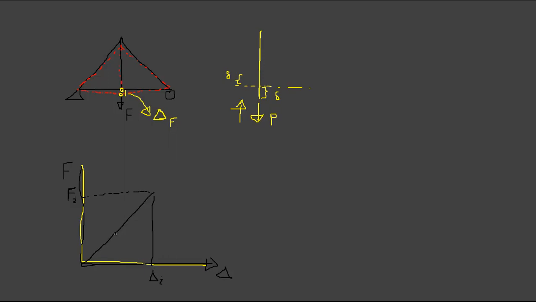So if you take a small portion, let's say some part like this, this is delta, and this is F, okay.